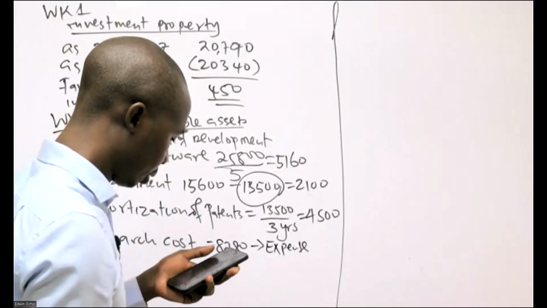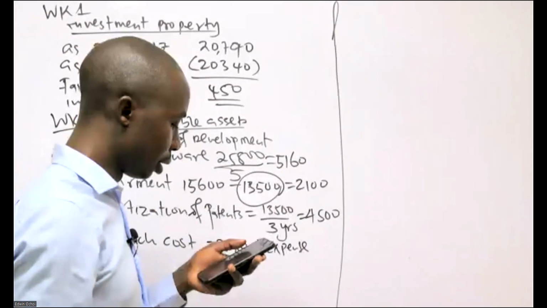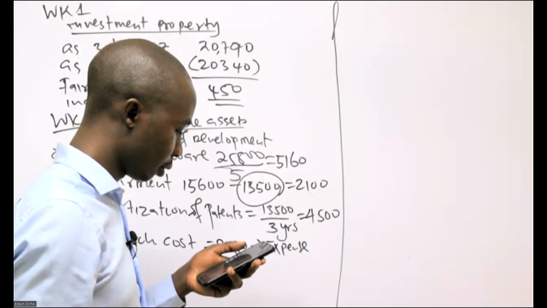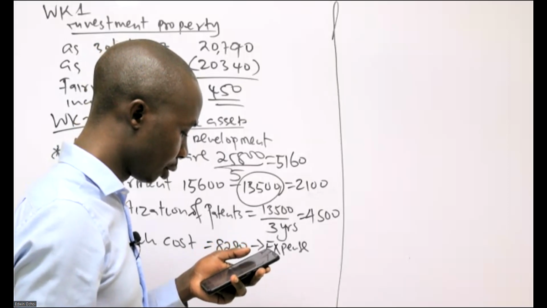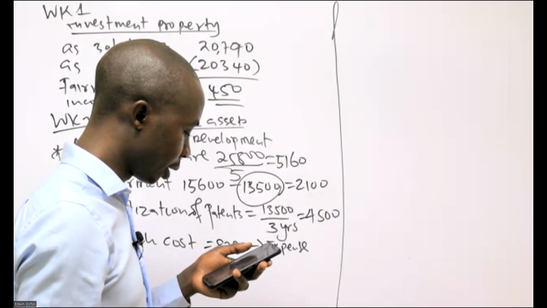Note 3. This is depreciation of building at 2.5. Plant and machinery are depreciated on a straight line basis over 10 years.